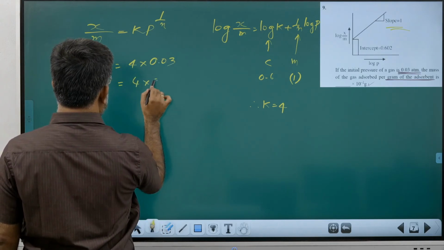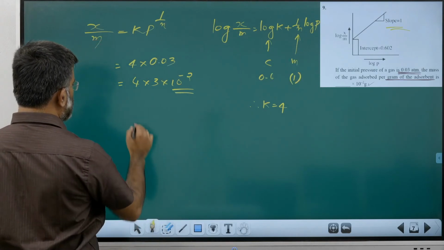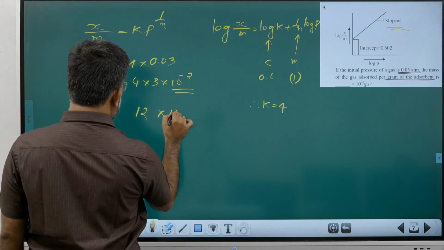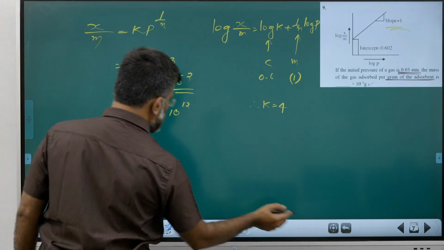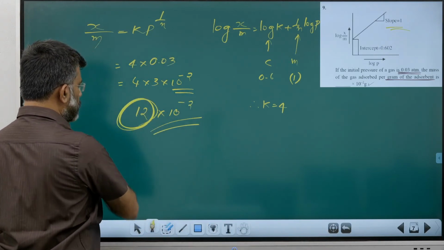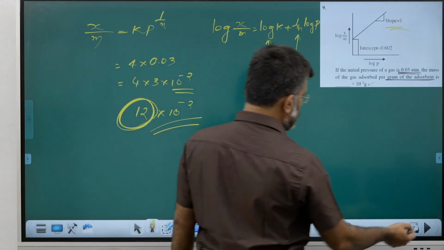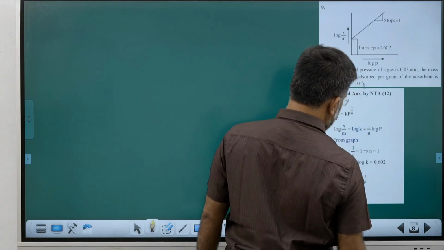That is 4 into 3 into 10 power minus 2 terms. So the answer is 12 into 10 power minus 2. Our answer is 12.